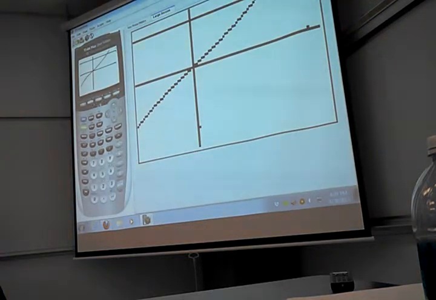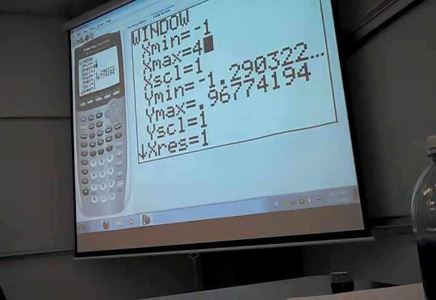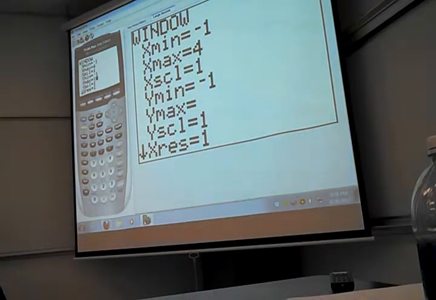Alright, so see my window's all freaky, right? So I can control my window. I don't want to go that far up. Maybe from -1, it's all around 1, right? So from -1 to, let's say 4. And the y from -1 to, because the x I want is pi over 4, so you just go up to 1.5.